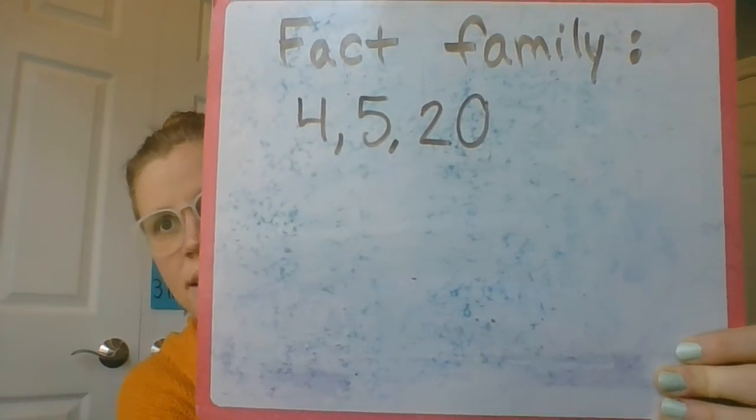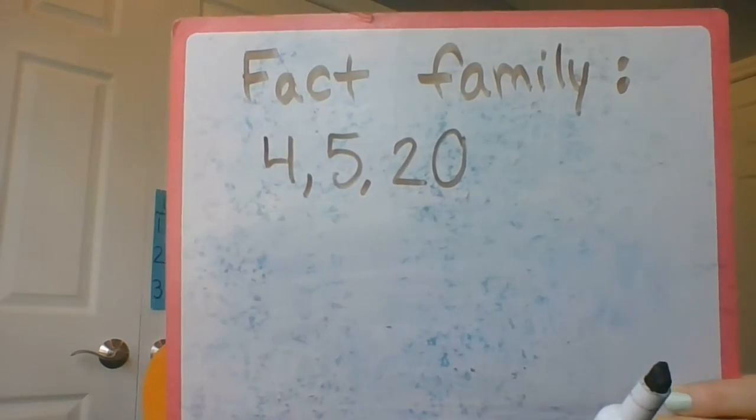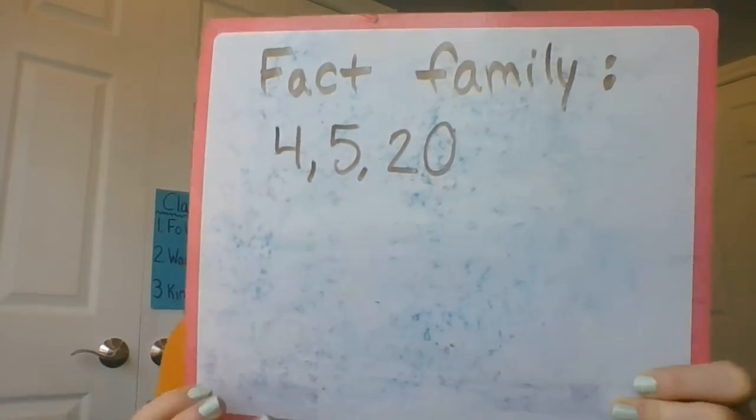If I were to task you with organizing these in correct equations that are true to prove this fact family, it would look like this. 4 times 5, I know from last week's practice that 4 times 5 means I have to count by 5 4 times. So 5, 10, 15, 20. 4 times 5 is 20.